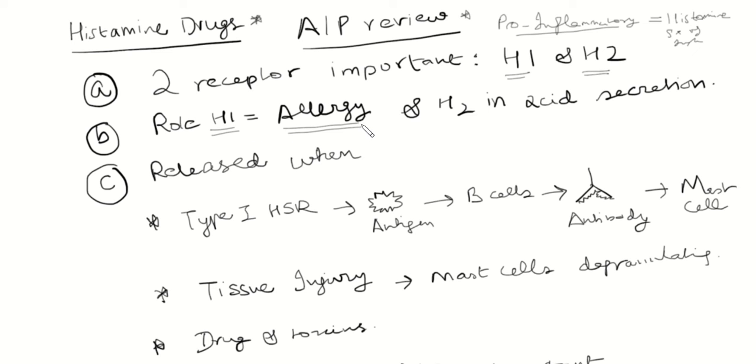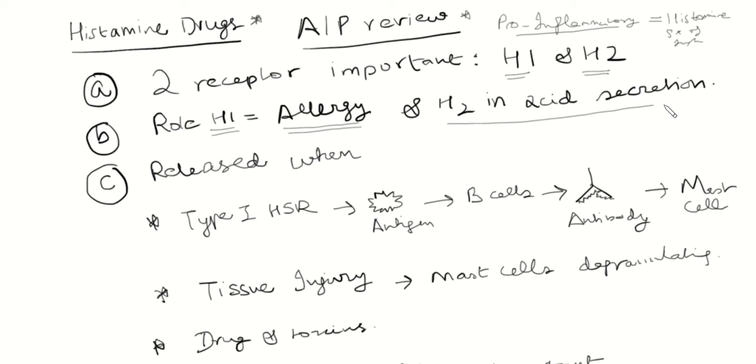Remember we talked about histamine and how it causes inflammation. Allergy, allergic rhinitis, atopy, asthma, and some of these diseases are related to inflammation, and that has a component of histamine acting on these H1 receptors. That's a very important thing to know. So that's the H1 receptor.